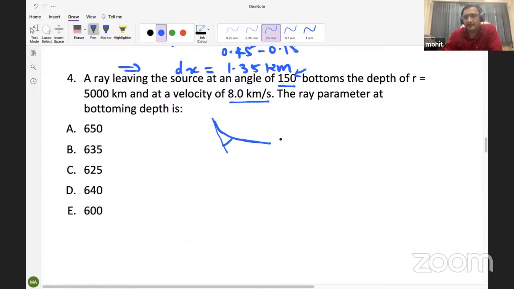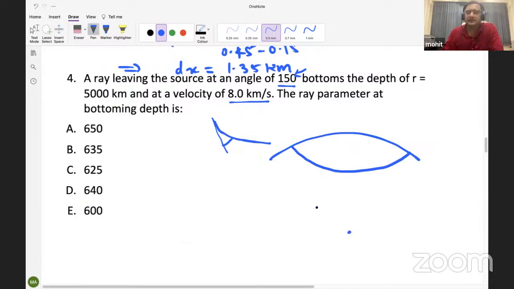So when the ray, let's suppose this is your surface, okay, and from the surface ray is going like this, okay, and if you consider this as the center of the earth, then the bottoming depth, let's suppose this is your bottoming depth from where the ray has moved into upward direction towards the surface.